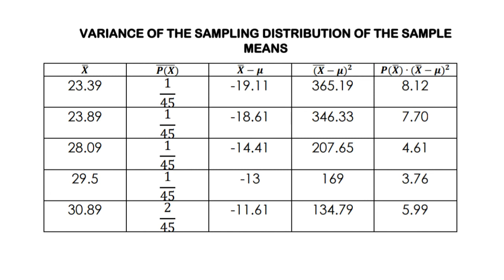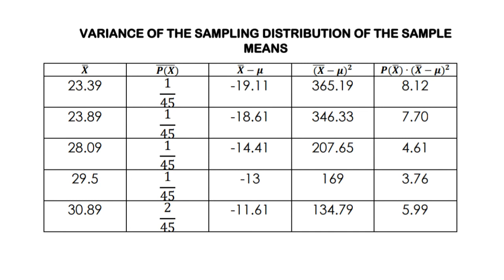So the third one is 28.9. 28.9 minus 42.5 is equals to negative 14.41. Negative 14.41 squared is equals to 207.65. 207.65 divided by 1/45 is equals to 4.61.